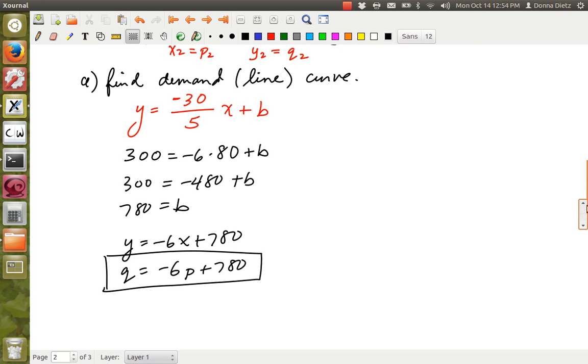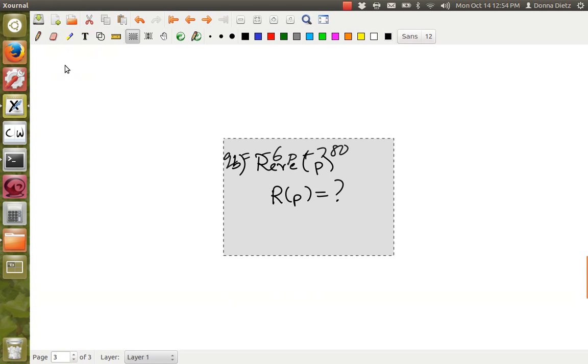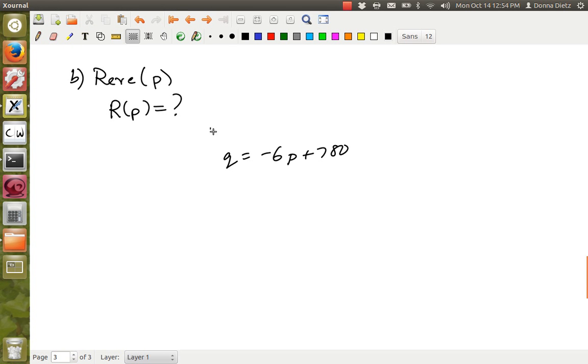There we go. Alright. So we start with our demand curve, and revenue is P times Q.